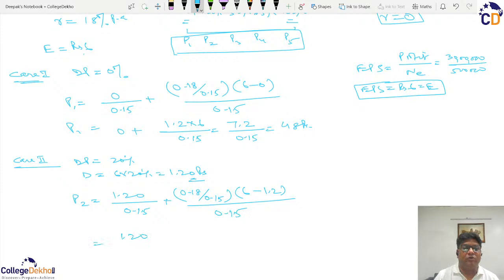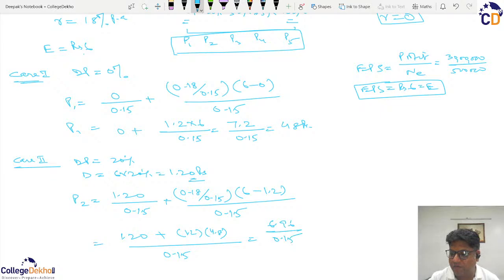So it will be 1.20 plus 1.2 multiplied by 4.8, that is 6.96, divided by 0.15. It comes out to be rupees 46.40.